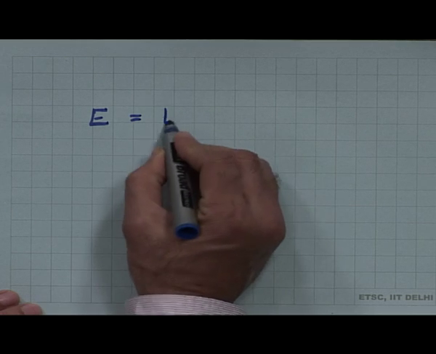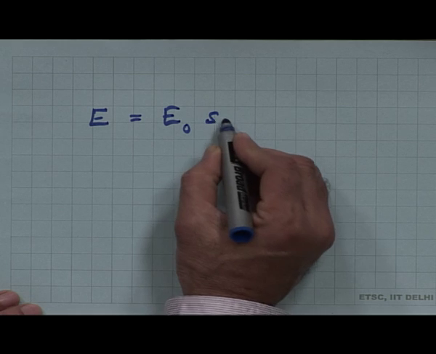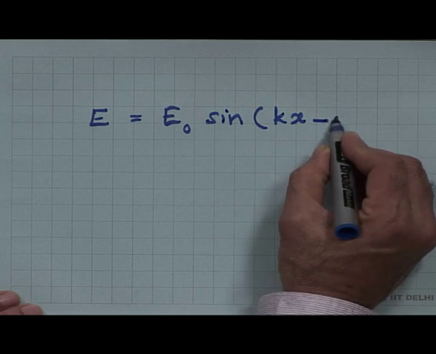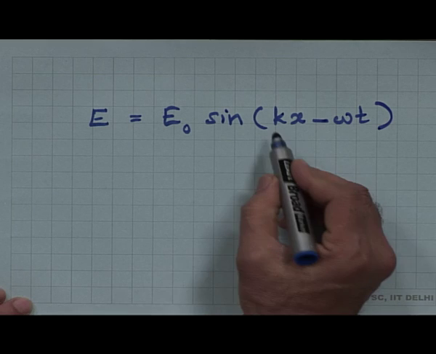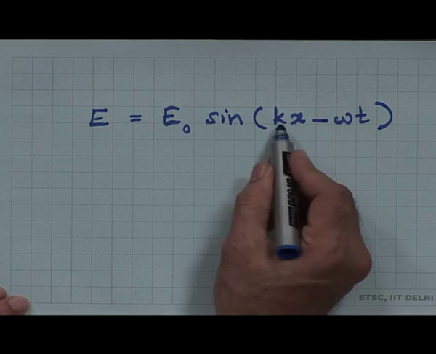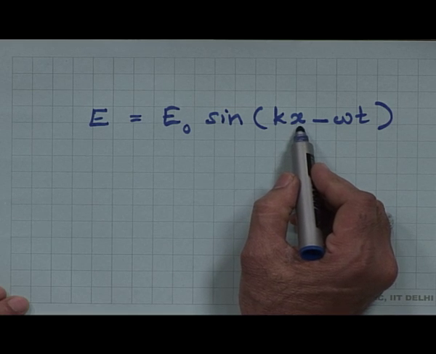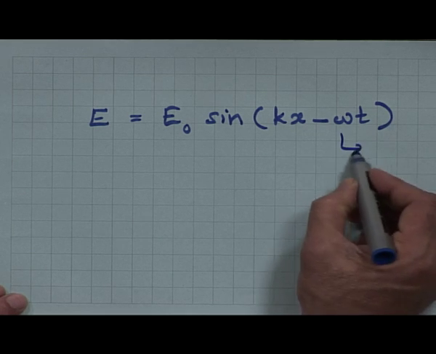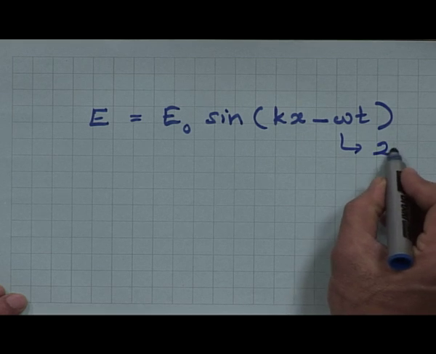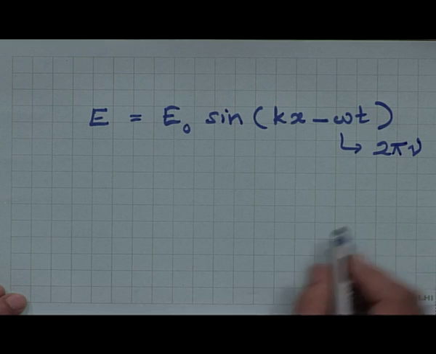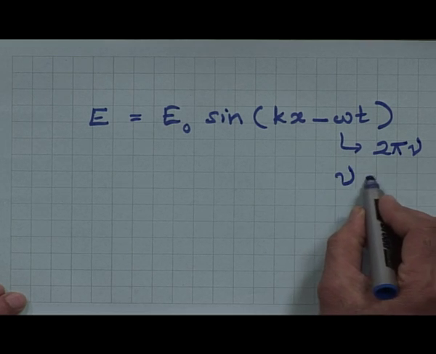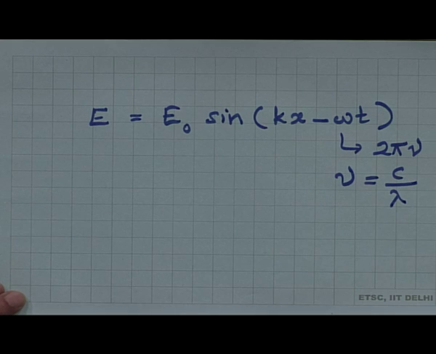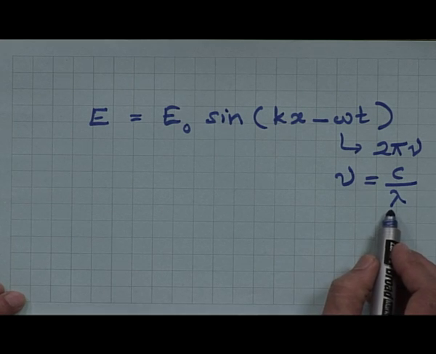is equal to some amplitude E0 into sin(kx minus omega t). k is the wave number along the direction of propagation, and in this case the direction of propagation is x. t is the time, omega is the angular frequency, which is equal to 2 pi nu, where nu is the frequency of the wave, which is equal to c by lambda, where c is the velocity of light and lambda is the wavelength of light.